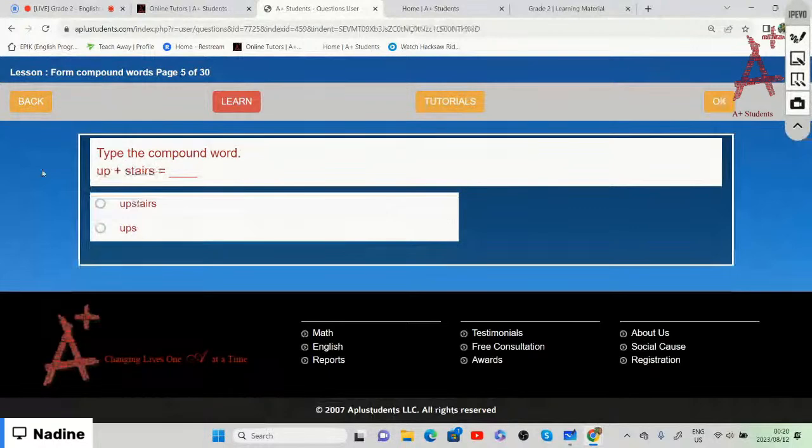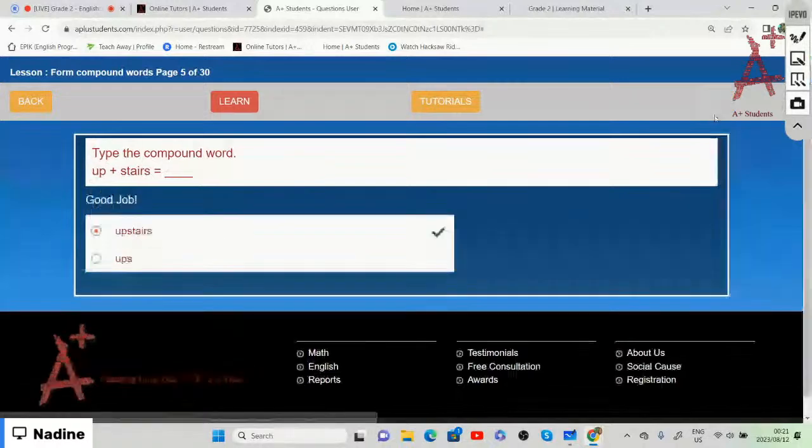Is it upstairs or is it ups? So two smaller words, up plus stairs, and we need to form the compound word, which is our bigger word. If we put these two words together, we call it upstairs. So upstairs is our compound word.